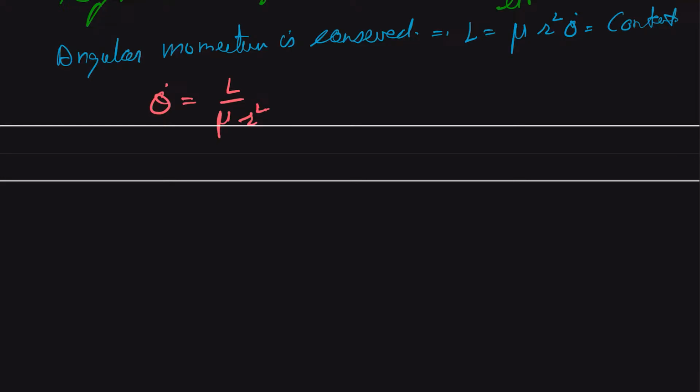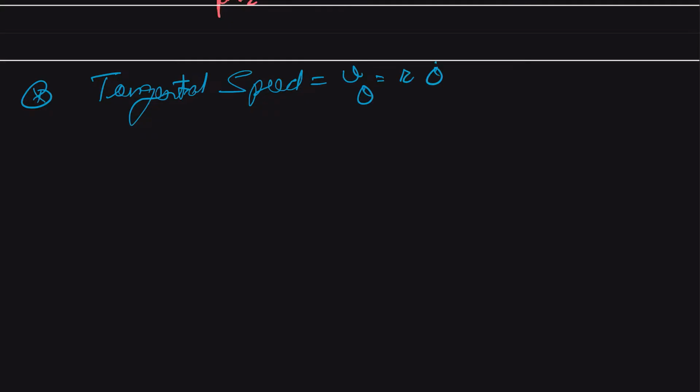And now we can express the relationship in terms of our tangential velocity. So we have a tangential speed, suppose that is v theta, and this v theta will be equal to r times theta dot, and we can substitute it.